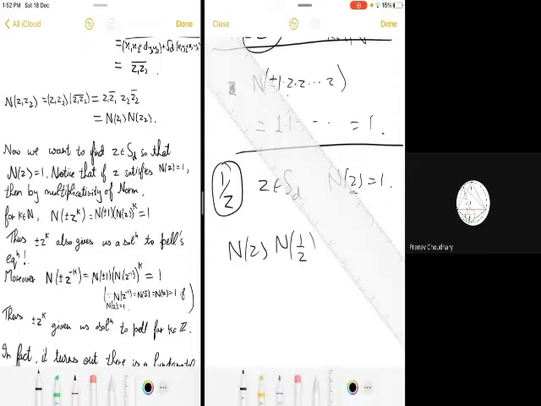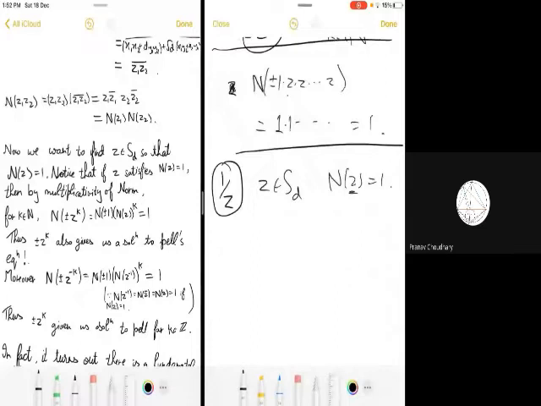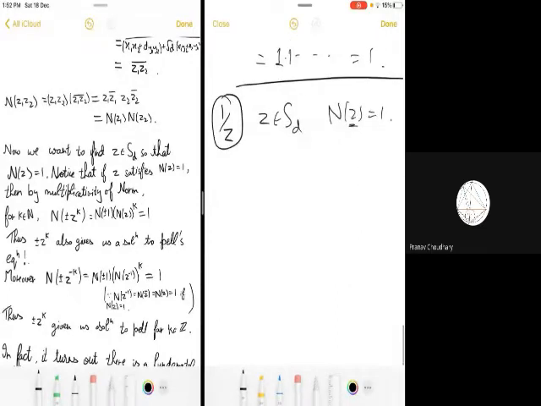Wait, we don't know 1 by z belongs to SD yet. So first let's show that if z is a plus b root d, then 1 over z as a real number is this, and we rationalize it: a minus b root d.